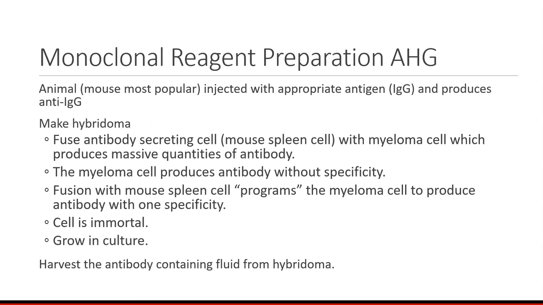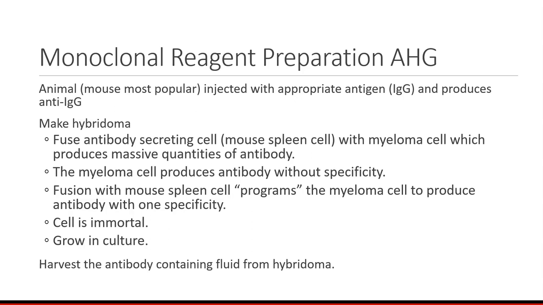The second method is the monoclonal reagent preparation. An animal, the mouse being most popular, is injected with the appropriate antigen, IgG, and produces anti-IgG. They then make a hybridoma, and I want you to bring this back to the front of your brain.